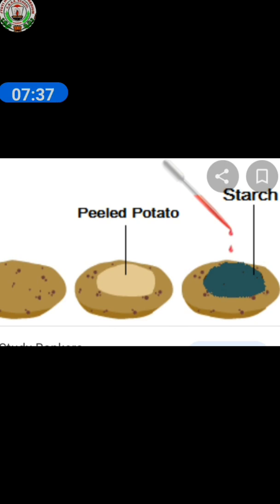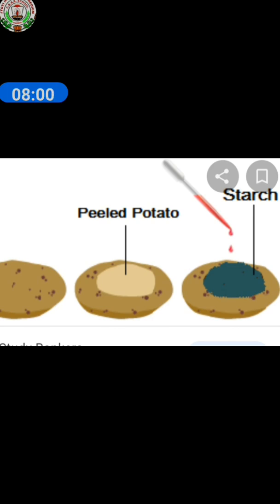So see the picture, children: when we are doing the practical with the peeled half potato and putting iodine, it turns blue-black. It shows potato contains starch, the extra stored food made by the potato leaves.